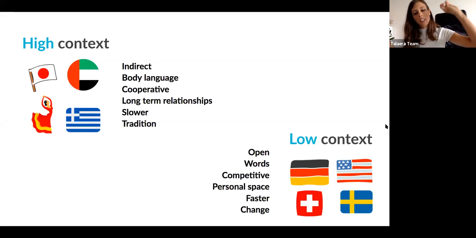So if you're explaining something to Asia, you might want to give a longer introduction and be a little bit more patient. While if you're dealing with a country like the US, you might want to be quicker, use lots of words, and do things a bit faster. And also adapt your message towards change.